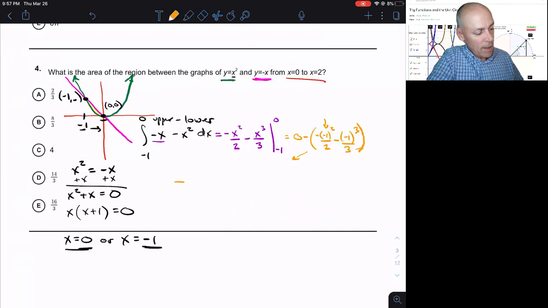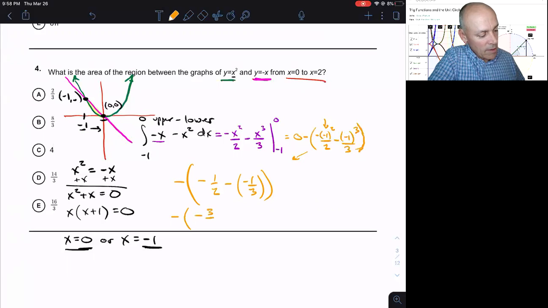So we've got negative 1/2 minus negative 1/3. And if I convert them both to fractions over 6, I'm going to get the opposite of negative 3/6 plus 2/6, which is equal to negative of negative 1/6.